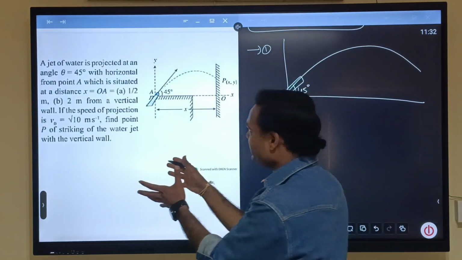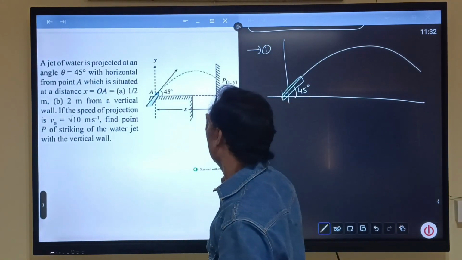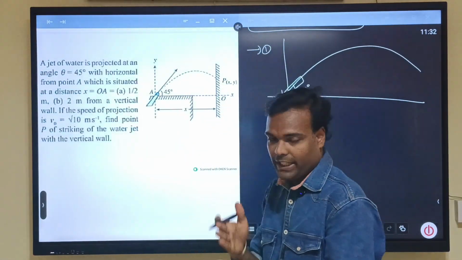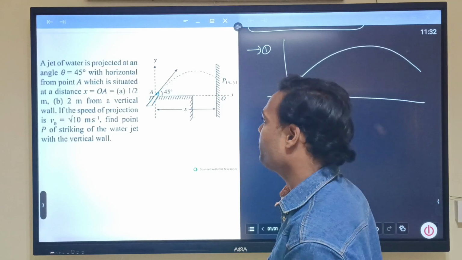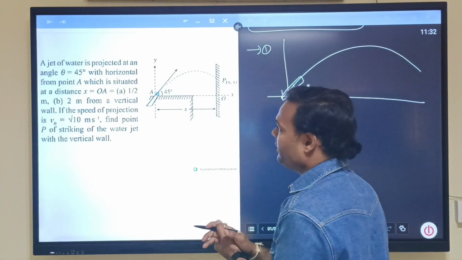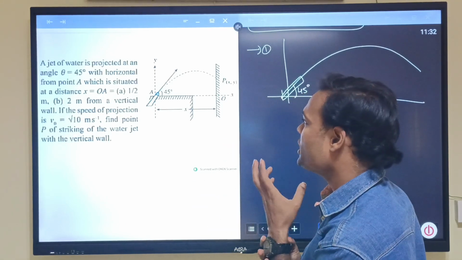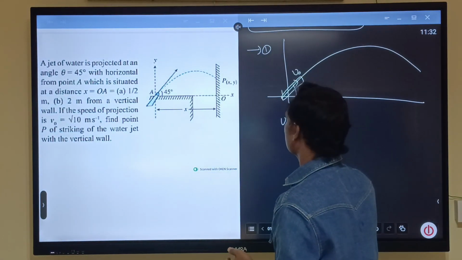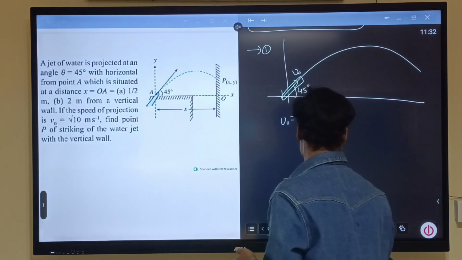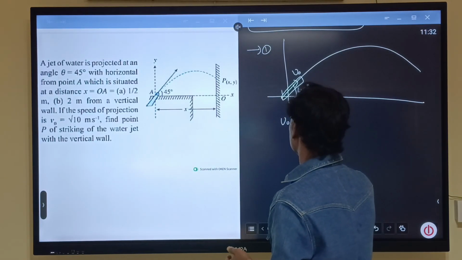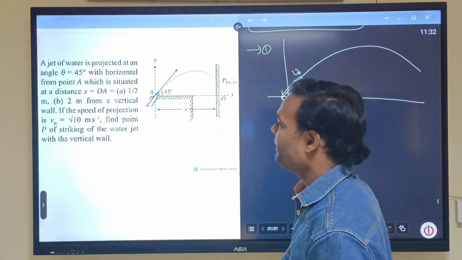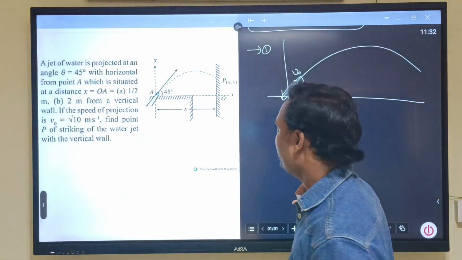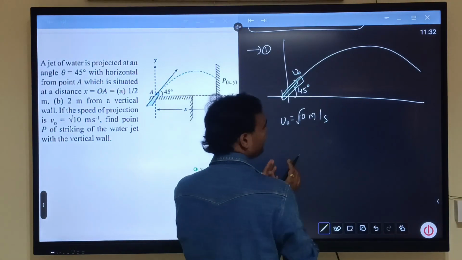Here we have given x value as OA from here to here, right? And number one case is OA value, that x value is 1 by 2 meter, that is half meter. B is 2 meters from a vertical wall. If the speed of projection is V naught, that is initial velocity V naught is equals to under root of 10 meter per second, find the point P of striking of the water jet with the vertical wall. Right, now we are going to find x and y values.